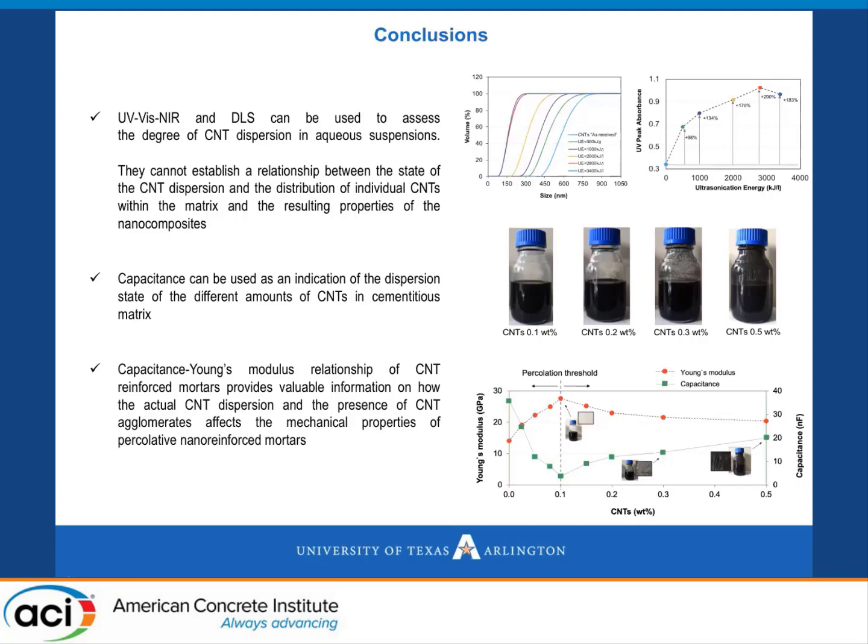Capacitance can be used as an indication of the dispersion state of the different amounts of CNTs in cementitious matrix. And from the capacitance-Young's modulus relationship, we can have valuable information on how the actual CNT dispersion and the presence of CNT agglomerates affect the mechanical properties of nano-reinforced mortars.